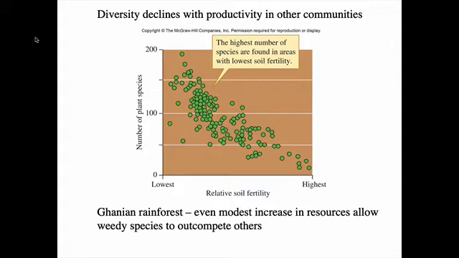This is almost 200 species of plants. So even modest increases in resource availability in terms of nitrogen or phosphorus in the soil allow the weeds to outcompete everybody else. So there's a counterintuitive result, and it's a really important one.